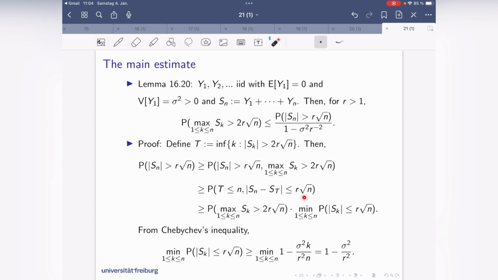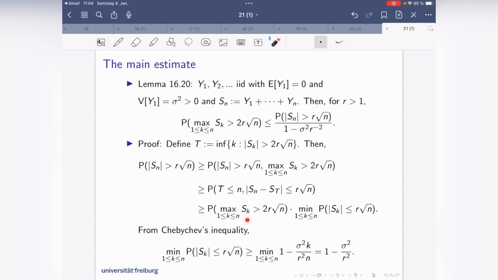So t is less than or equal to n. That only depends on everything before time t, and this depends only on things after time t, and I have the strong Markov property of the random walk, so these two things are independent.